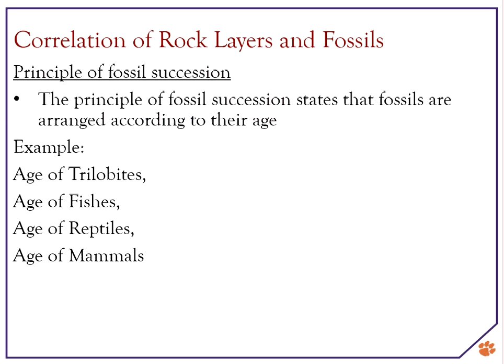And after that, the age of fishes followed, and then the age of reptiles, and the age of mammals came last. So by looking at the existence of these different types of fossils, we can put those different geological layers into a time context.